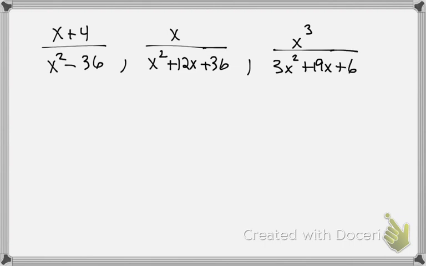So I have three different expressions. Now all I'm doing is identifying the LCD, and then writing them all in terms of the LCD, right? This is a little more complicated, but it works the same way.